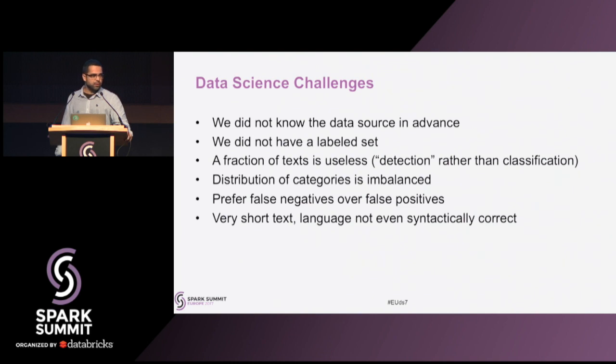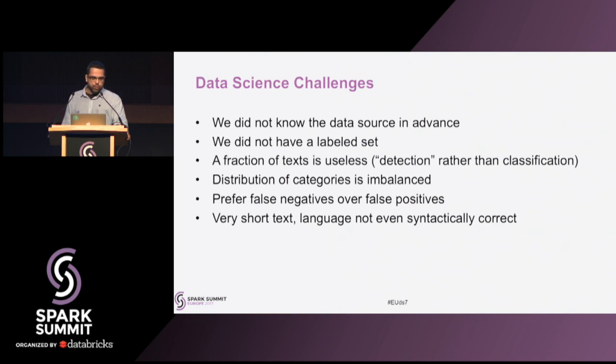A fraction of transfers had text that was useless because they just write transfer or a number, so it doesn't have any content useful to classify it. The distribution of categories is very unbalanced, so lots of transfers about rent and household expenses, but not so many about other, for instance, insurance, because this is something you don't do with a transfer.